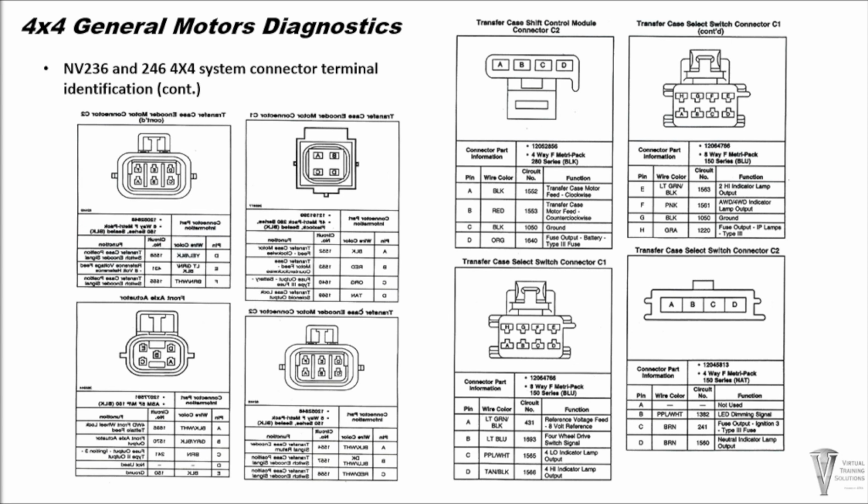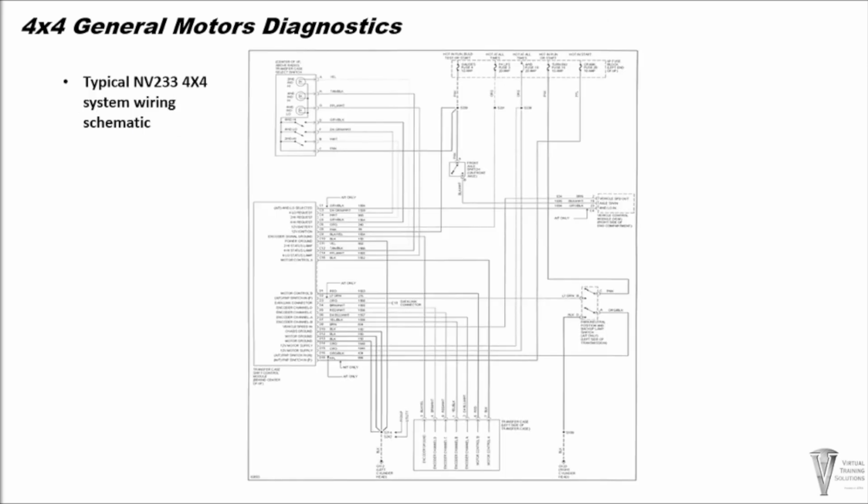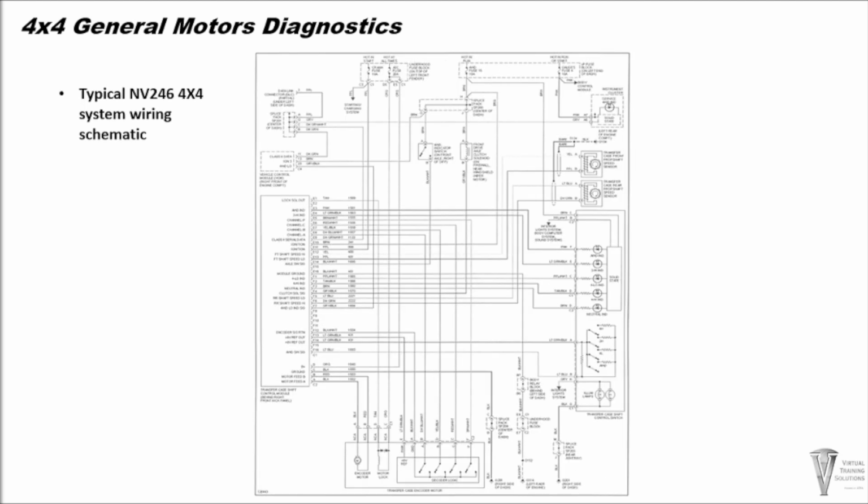And this is a continuation of the NV236 and 246 four-wheel drive system connector terminal identification. This is a typical 4x4 system wiring schematic for the NV236 four-wheel drive system. This is the typical 4x4 system wiring schematic for the NV236 and 246 4x4 system.